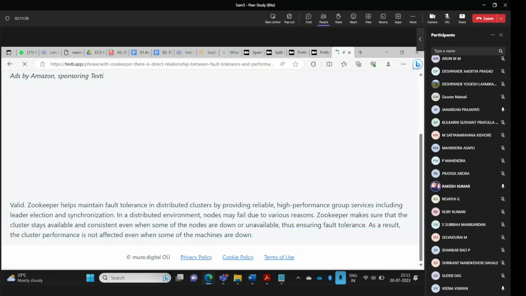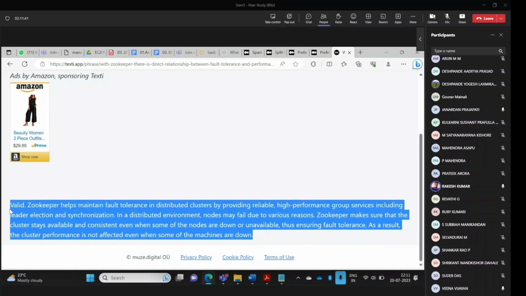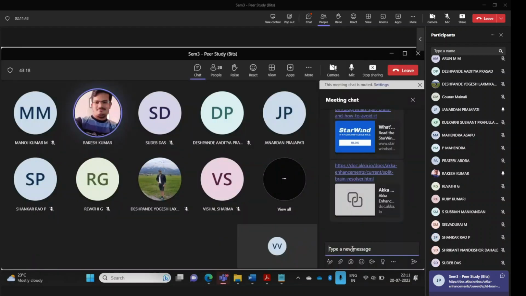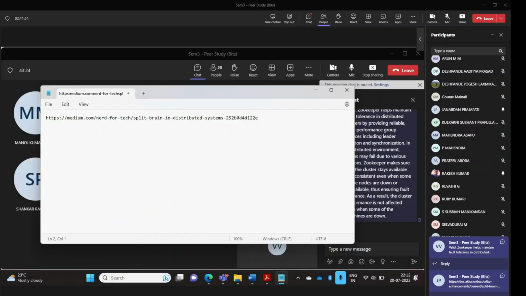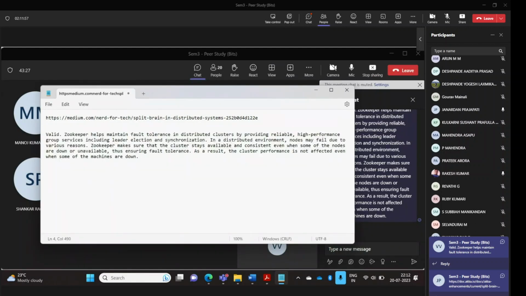Valid. Zookeeper. Here what they are telling is if one node fails, it can go down.